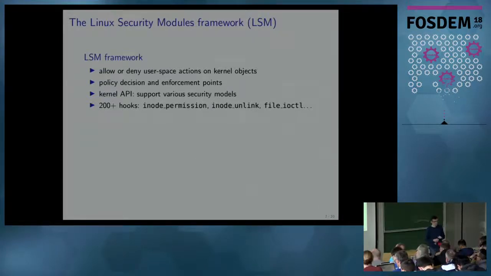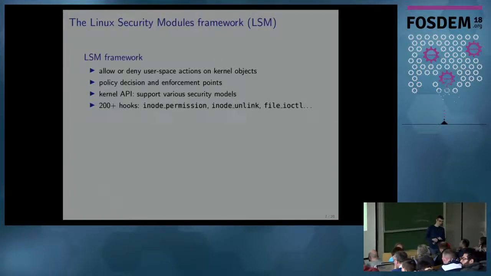There are a lot of policy decision and enforcement points which are scattered all over the kernel, just before the code that may use some kernel objects. So, for example, if you're trying to open a file, just before the open action, there is a check to see if the current process is allowed to go through this path.